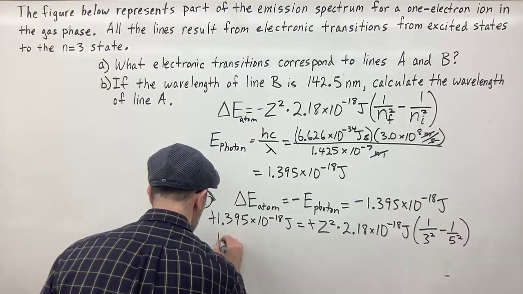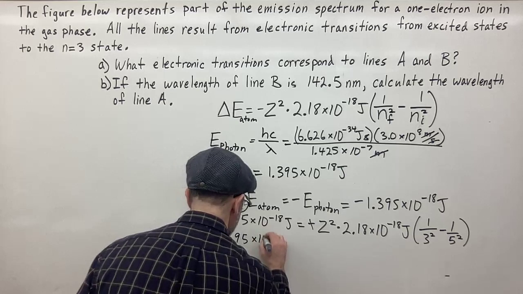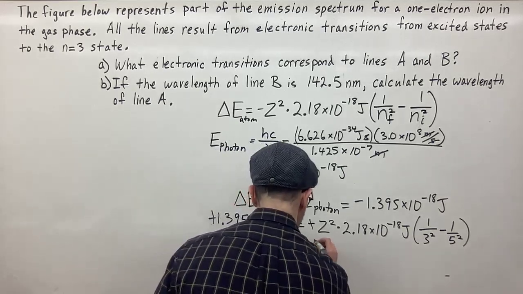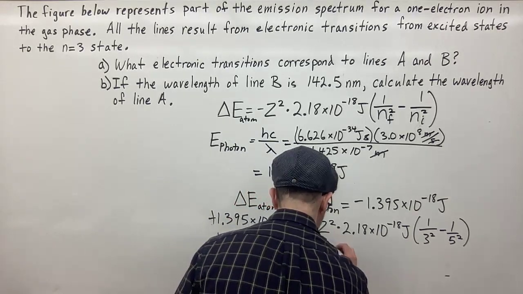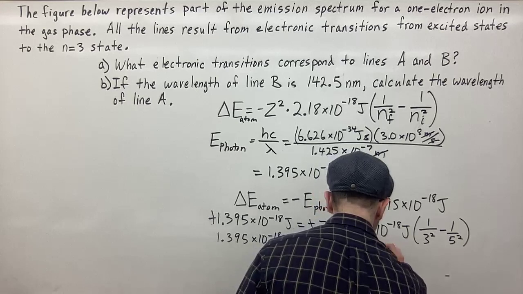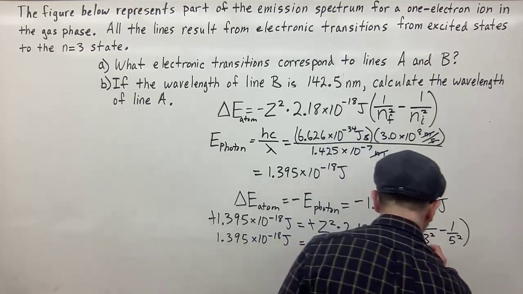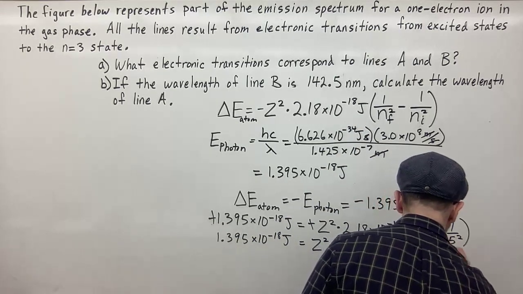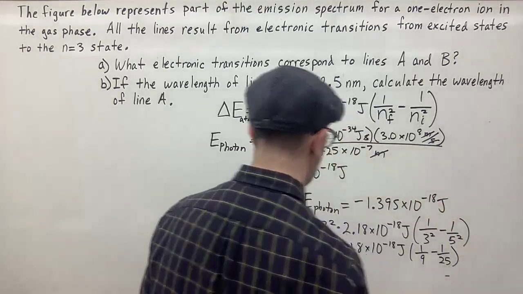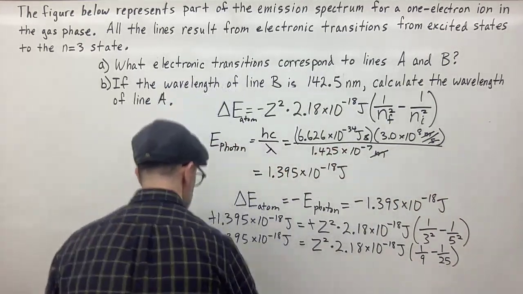So here I have 1.395 times 10 to the negative 18 joules equals z squared times 2.18 times 10 to the negative 18 joules. This is going to be 1 over 9 minus 1 over 25. Then I'm going to subtract these two.